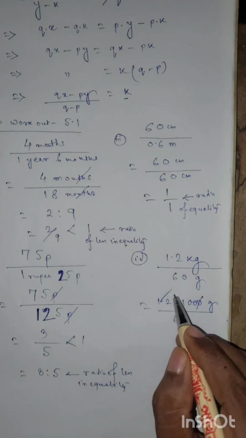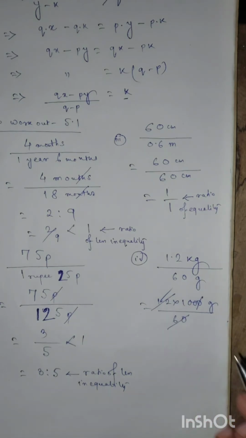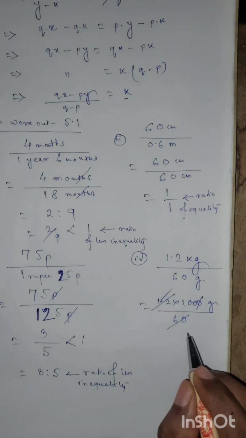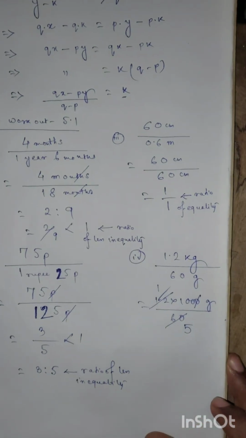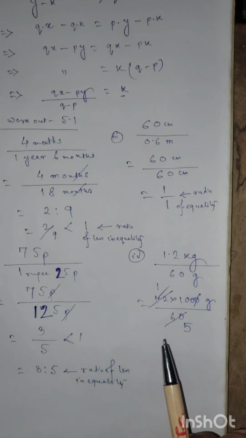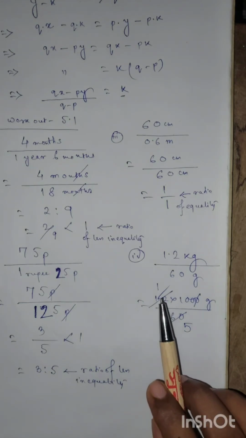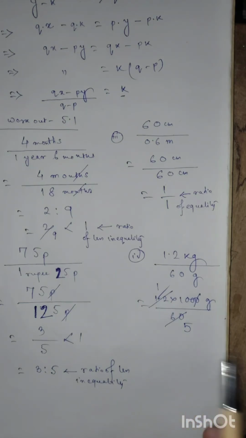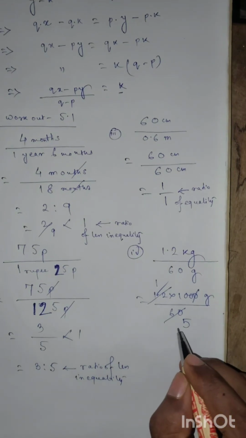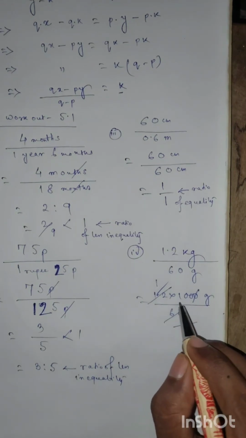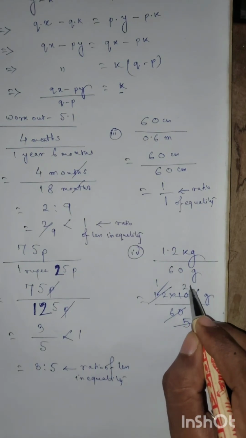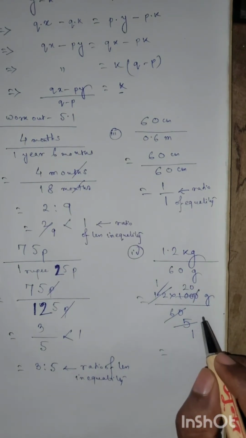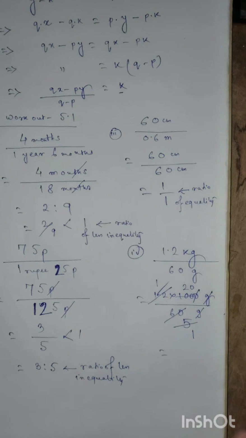So if we cancel 12 and 60 by 12, then 1 and 5 comes, and if we cancel 5 and 100 by 5, we get 1 and 20, and gram can be cancelled.